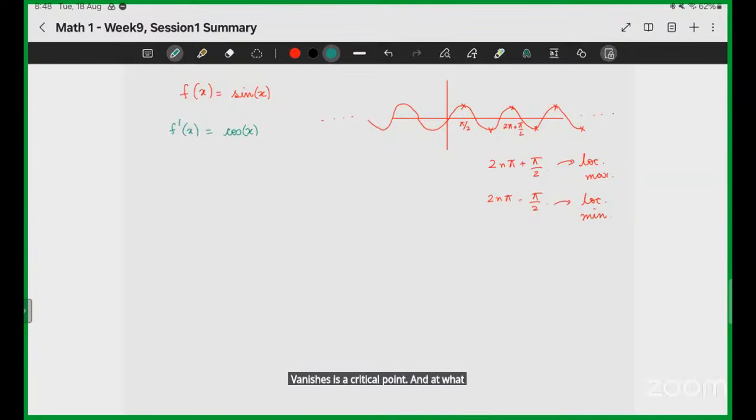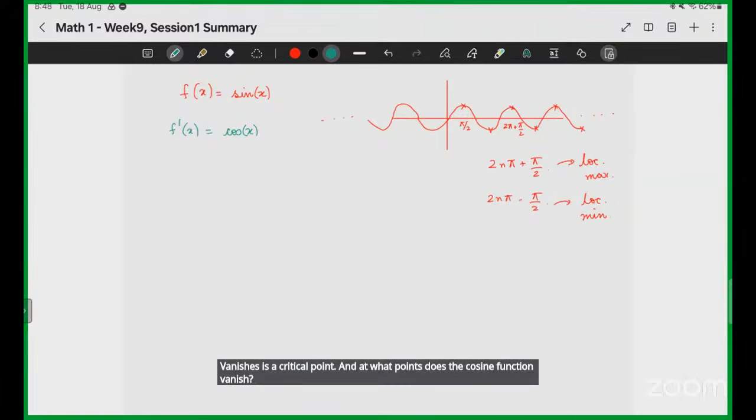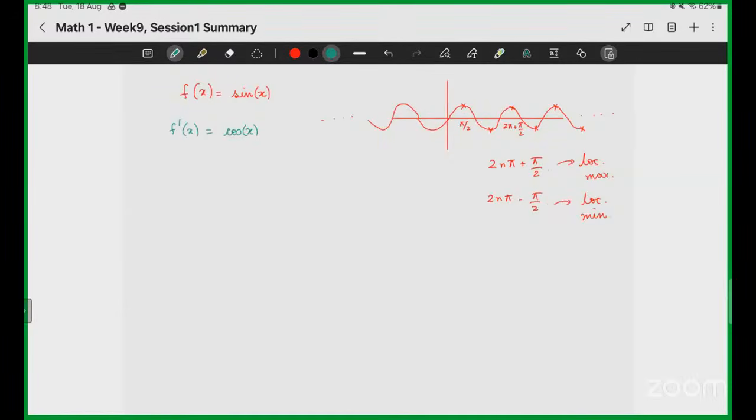And at what points does the cosine function vanish? When pi by 2, 3 pi by 2, whatever, pi plus any multiple of pi plus pi by 2.